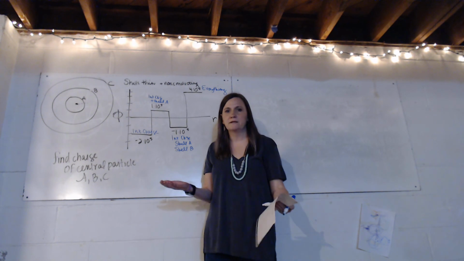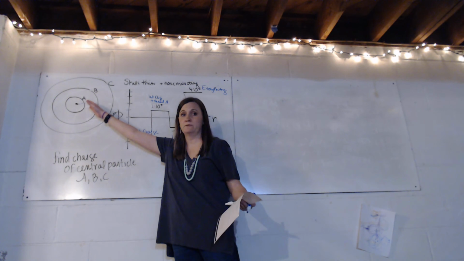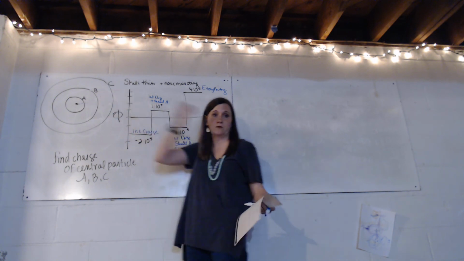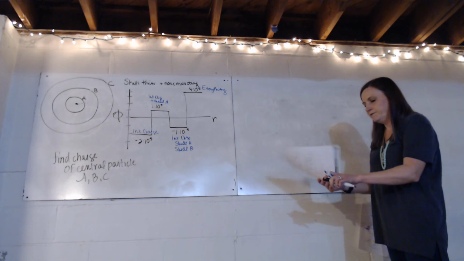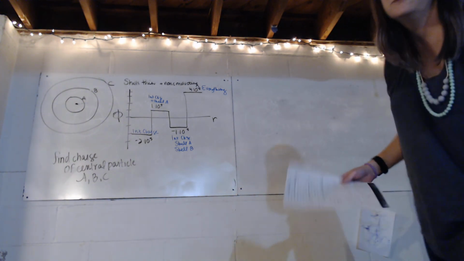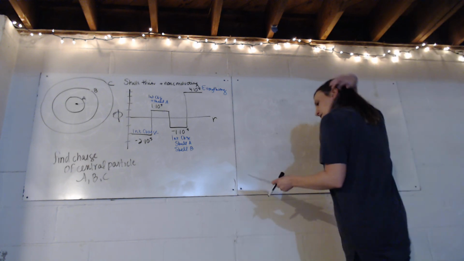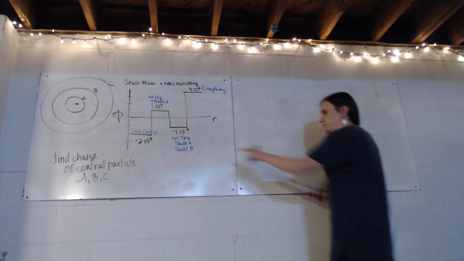Again, they'll all be like that. So I'm working my way out, enclosing the first thing, now I'm enclosing the first two things, then the first three, then okay. And then you just use Gauss's law to solve. I don't know if I'll have space on the board to go through the whole thing, but I think once I get through the first two, you'll get the idea. Okay, so I want to figure out the charges.